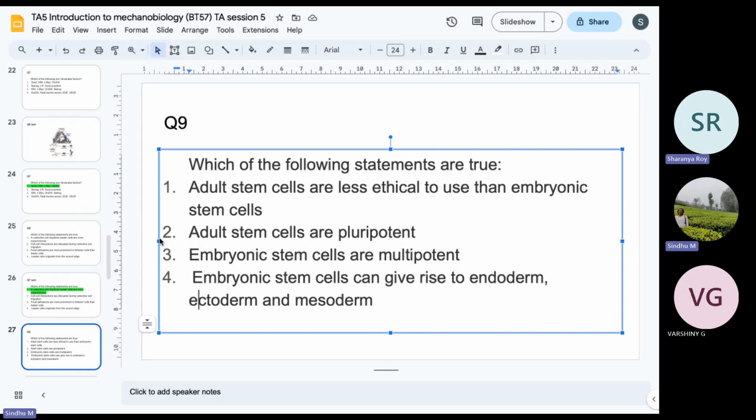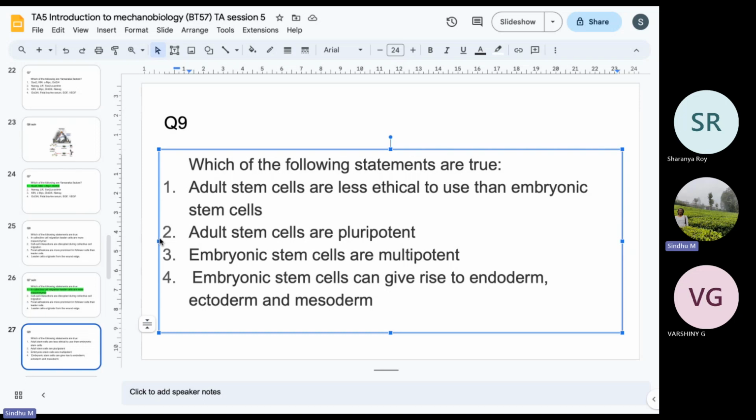Similarly, in all the organs, there will be some fraction of stem cells, although that fraction is very less, so that in case there is an injury, these cells can differentiate to give rise to the cells of the tissue. So these are called adult stem cells. But the limitation of adult stem cells compared to embryonic stem cells is that the adult stem cells can give rise to only certain cell types.